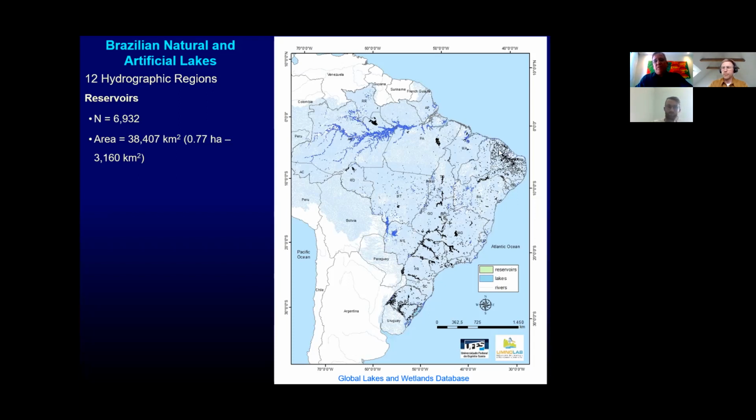Most of the reservoirs are located in northeastern Brazil, in the semi-arid area, and along the Paraná and Paraguay river basins to provide energy, particularly hydroelectricity.